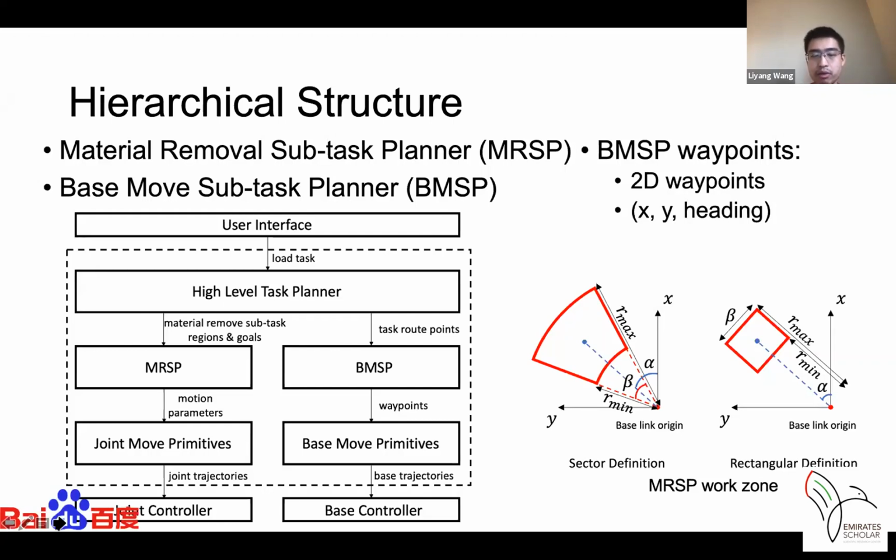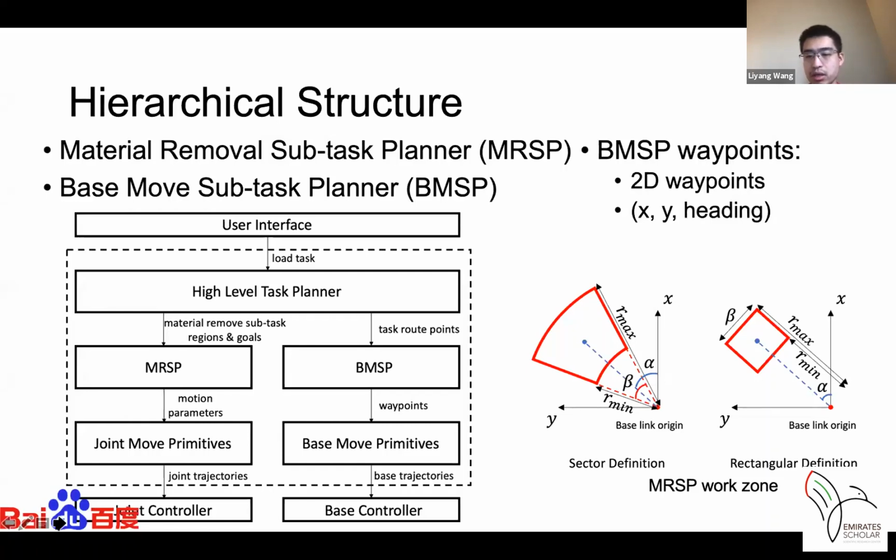And on the right-hand side, I list here the BMSP waypoints, which are defined in 2D cases currently. So the waypoints include three elements: X, Y in 2D, and the heading of the excavator. In the bottom figure is the work zone defined for our MRSP. It can be a sector definition or a rectangular definition.